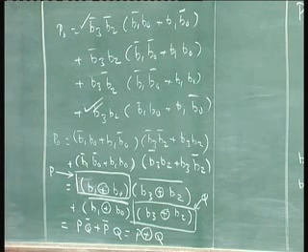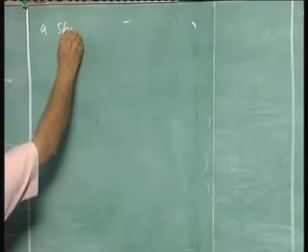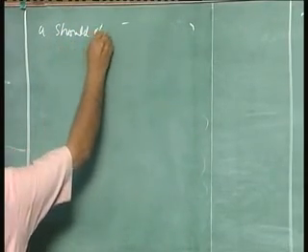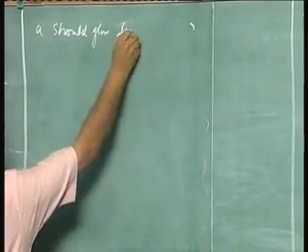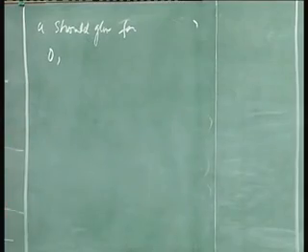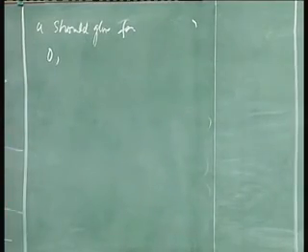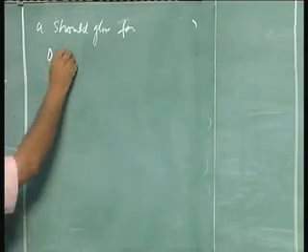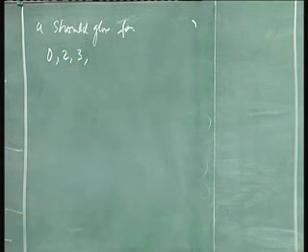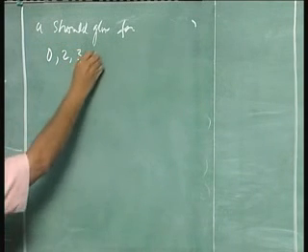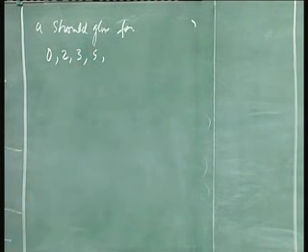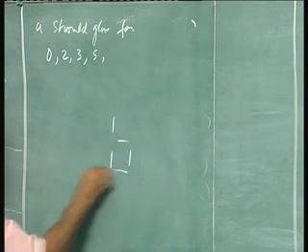A should glow for 0, 1. Do you need A? 2? Yes. 3? 4? No. 5? 6? 6 depends on how you define 6. We will have 6 like this.